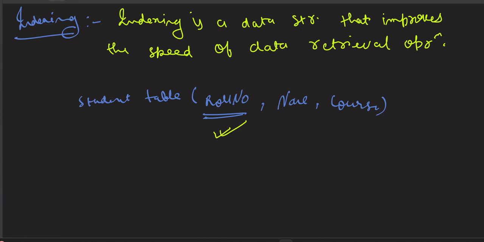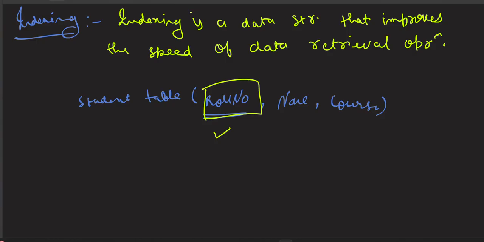Suppose in the classroom there are different people with the same name, like Siddharth. But the roll number is unique, and your roll number and another person's roll number can never match. So if roll number is our index, the searching becomes faster.